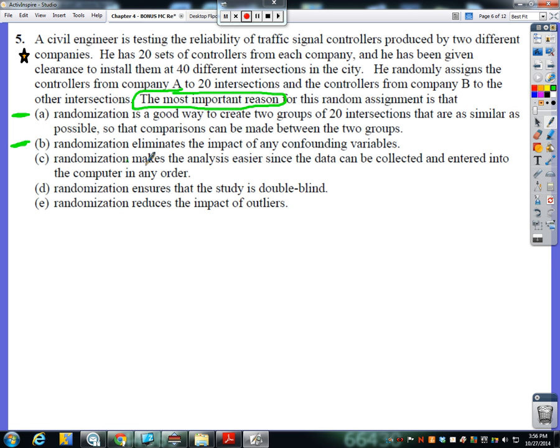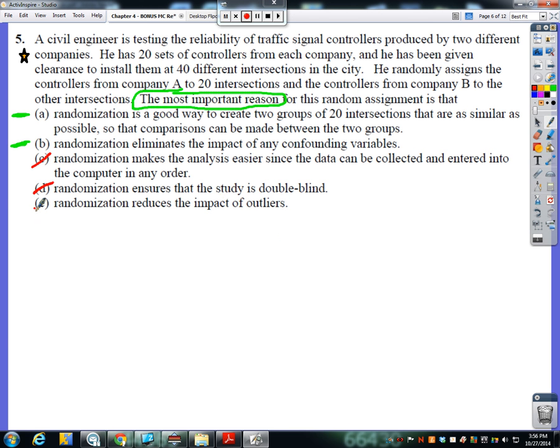Let's keep going on. Randomization makes the analysis easier since the data can be collected and entered into the computer in any order. Well, that's not really a good reason for randomization. Randomization ensures that the study is double-blind. Well, randomization and double-blind really have nothing to do with each other. Randomization reduces the impact of outliers.